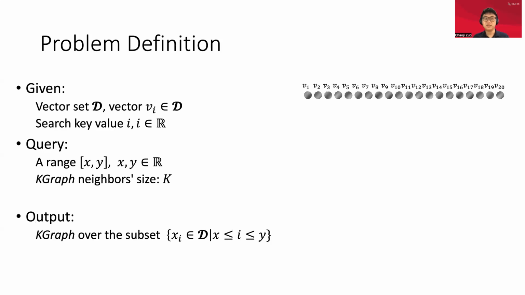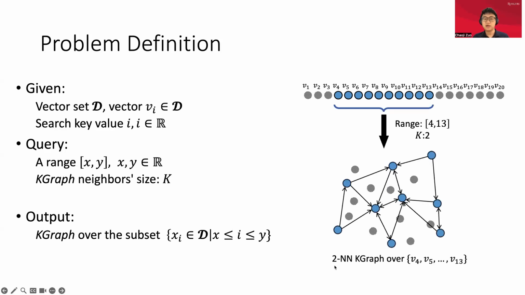And the output is a K-graph over the subset where each vertex in the subset has a search key value that is larger than X and smaller than Y. For example, here we can have a query that ranges from 4 to 13, and our K is 2. Then the target output is a 2NN K-graph over the vertices from V4 to V13.